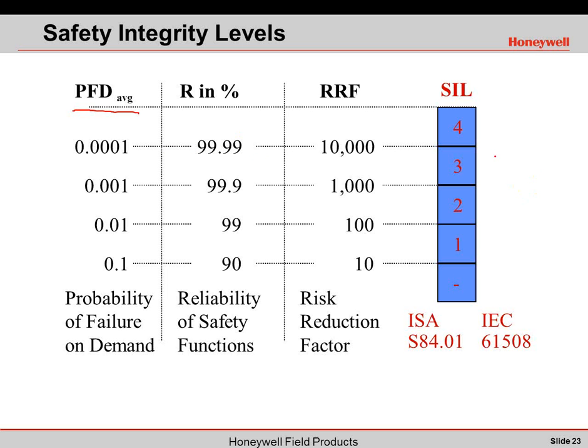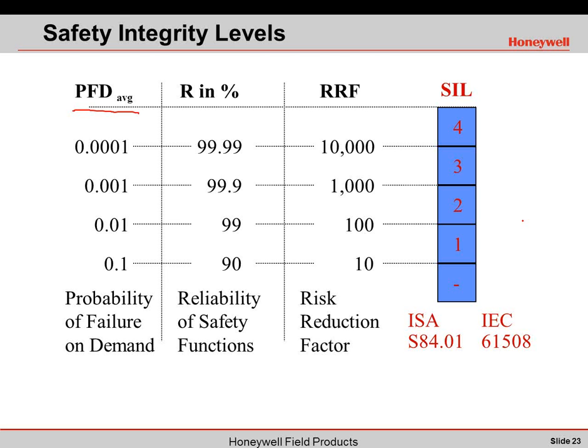As far as the process industry goes, we're really only concerned with SIL levels 1, 2, and 3, though. Those would be the only 3 levels that we're concerned with in the process industry. So the PFD average, that's also called the probability of a dangerous failure. That may make more sense to you than failure on demand.